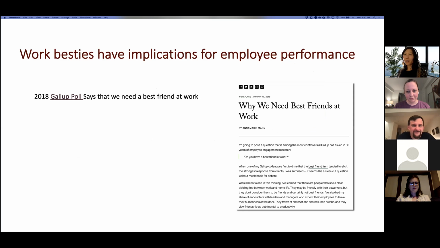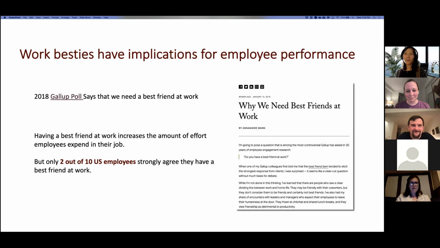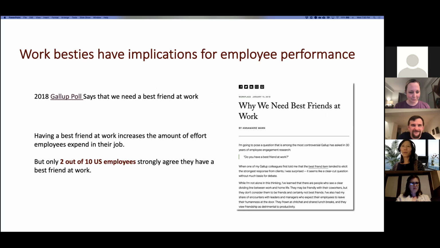And there are a lot of articles that have been written about these kinds of things, like how you need to have best friends at work, and you need to have those face-to-face encounters. It's actually great because it makes you want to spend more time on your job, and it makes you a better employee. But only 2 out of 10 people strongly agree that they have a best friend at work.